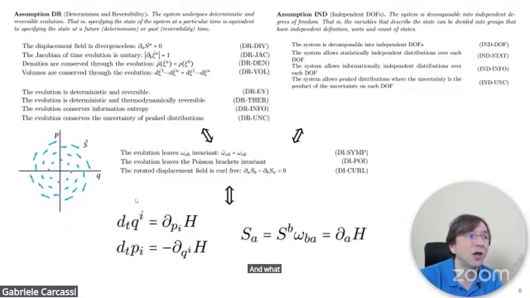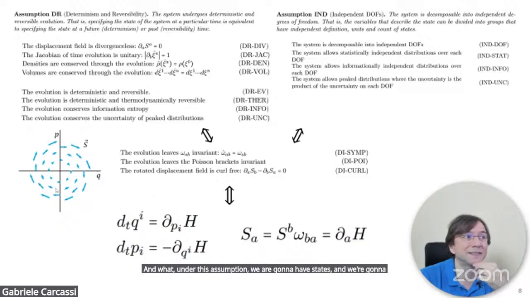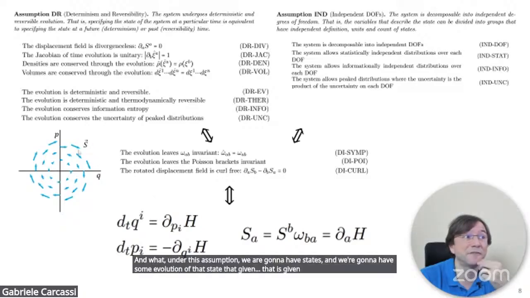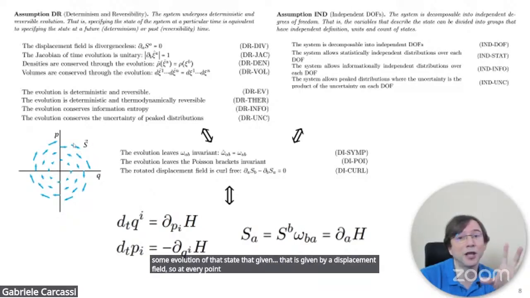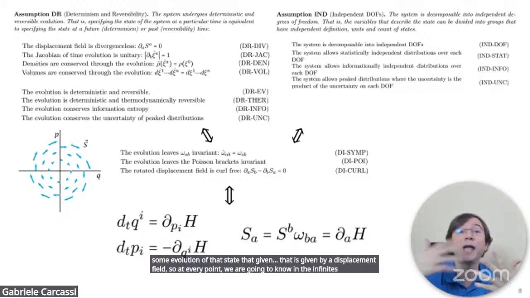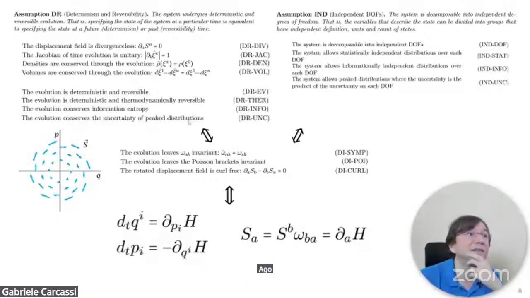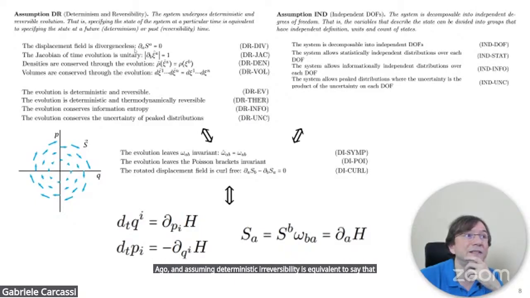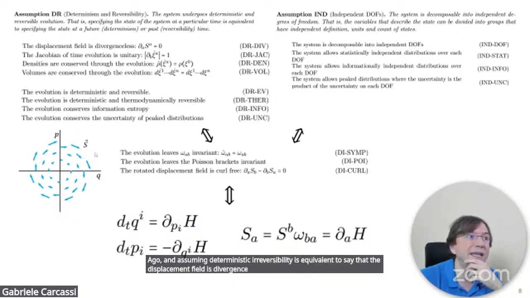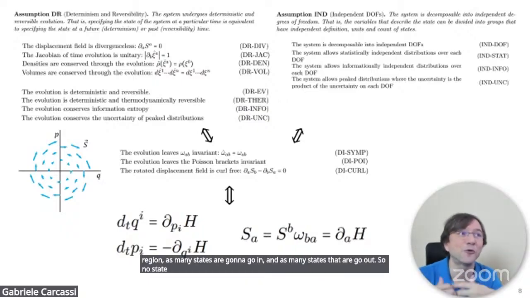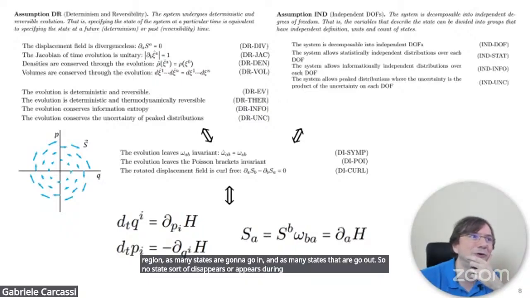Under this assumption, we are going to have states, and we're going to have some evolution of that state that is given by a displacement field. So at every point, we are going to know, in the infinitesimal time step, where we are going to go. And assuming deterministic reversibility is equivalent to saying that the displacement field is divergenceless, meaning that if we take an infinitesimal region, as many states are going to go in as go out. So no state disappears or appears while going through evolution.